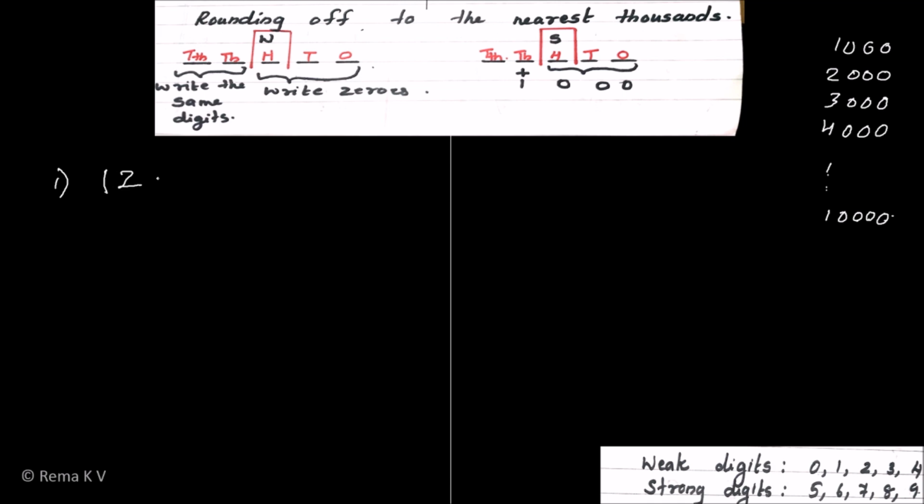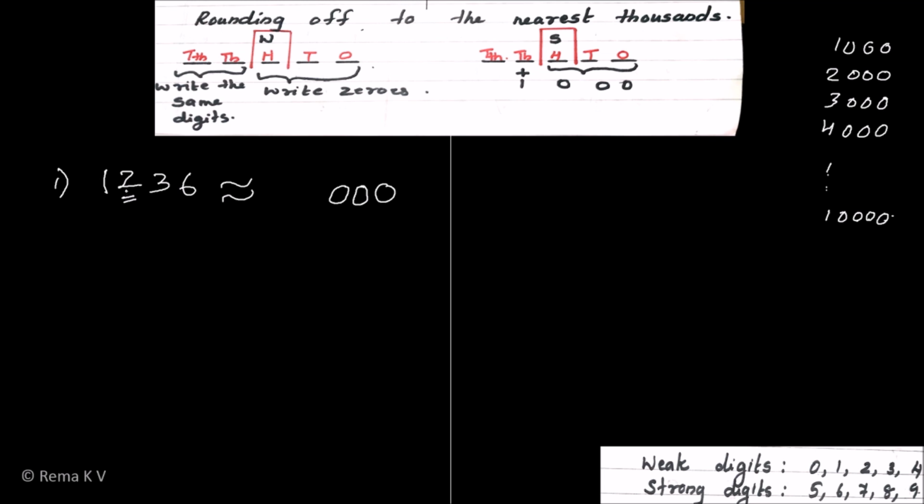1236. This is to be rounded off to. Write the digits in ones, tens and hundreds as zeros. Now check the digit in hundreds place. Here you have to check the digit in hundreds place as we have to round off to the nearest thousands.